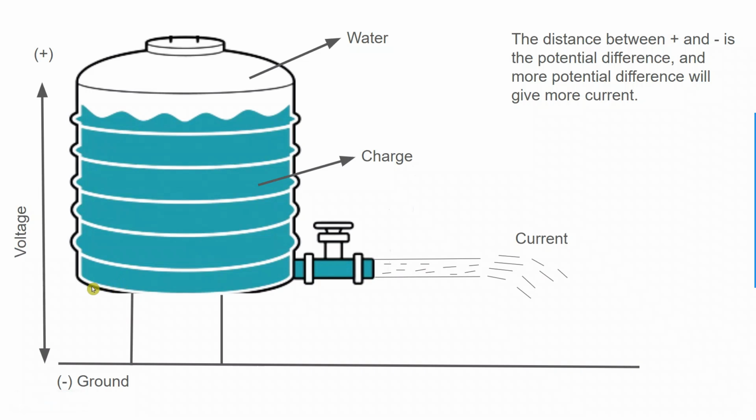The more potential difference gives more voltage. More voltage means the flow of current will be more, and less voltage means the flow of current will be less. So if you increase the potential difference, the flow of current also will increase. If we decrease the potential difference from the water tank to the ground, the flow of current will also decrease.